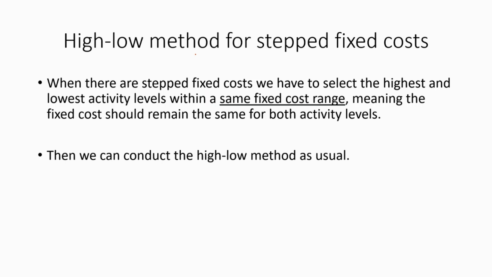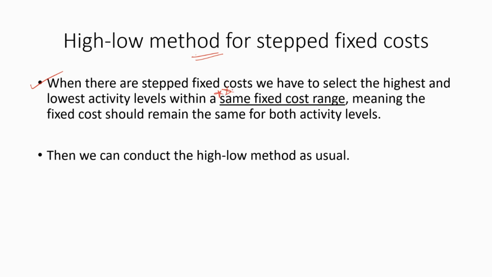Now let's discuss how we can use the high-low method when there are stepped fixed costs. Earlier we discussed the high-low method for constant fixed cost, meaning there were no step fixed costs. Now we are going to discuss what will happen if there are stepped fixed costs. When there are stepped fixed costs, we have to select the highest and the lowest activity levels within the same fixed cost range.